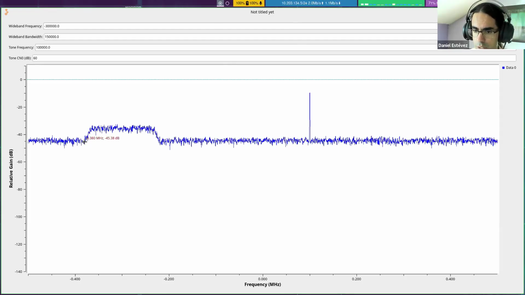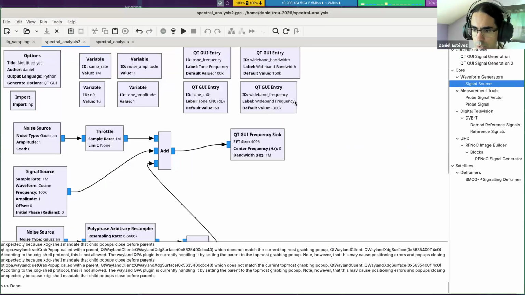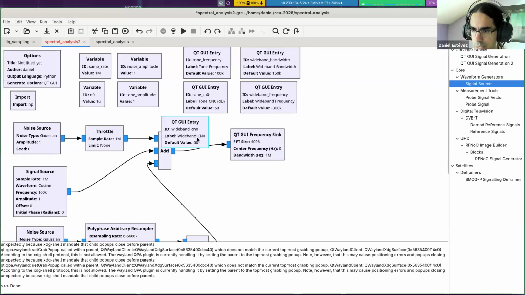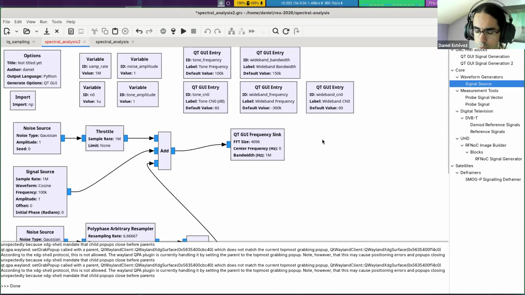Something else which is important is we haven't adjusted the power of the noise here. So how do we do that? We also want to do that in terms of CN0. So in fact, I have my wideband CN0, which is also 60. That means that the tone and the wideband signal will have the same power by default.